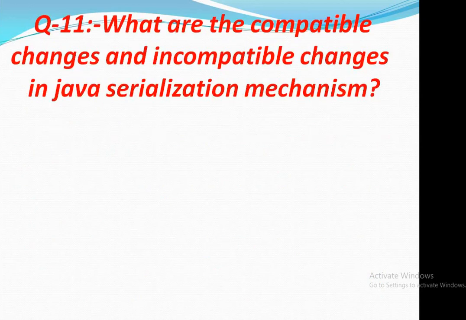What are the compatible and incompatible changes in the Java serialization mechanism?